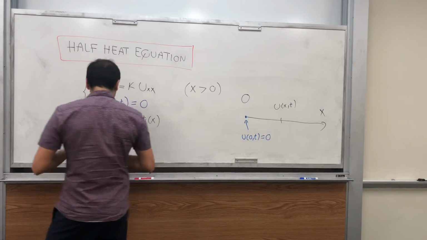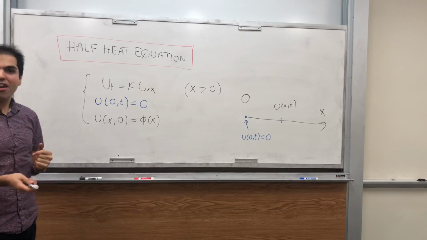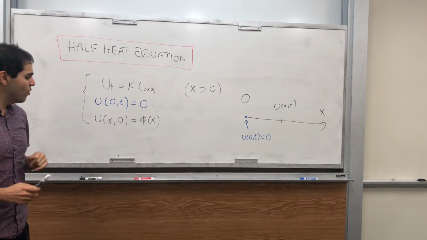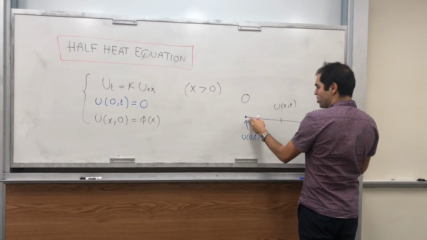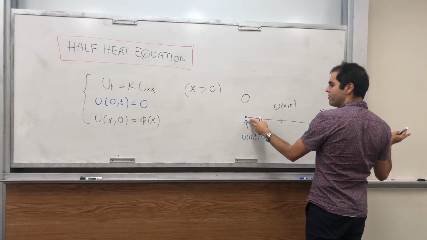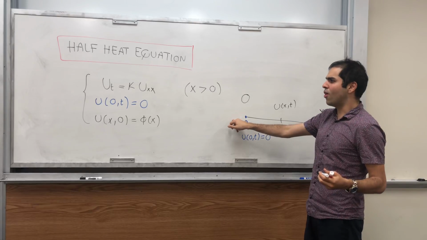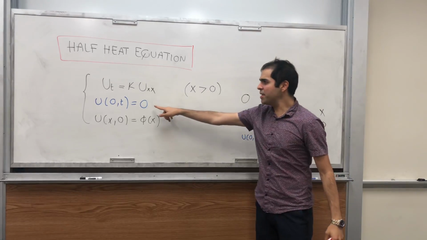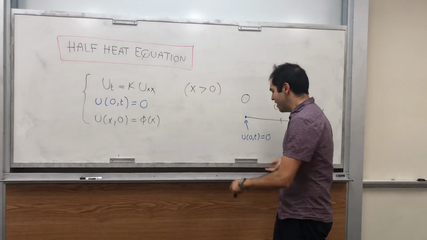And for this, we use, interestingly, the idea of an even or an odd extension. Why? Because ideally, we have this function on positive x, and we would like to extend it to a function for all x, while at the same time having this boundary condition still valid.